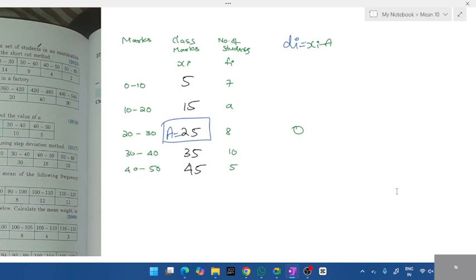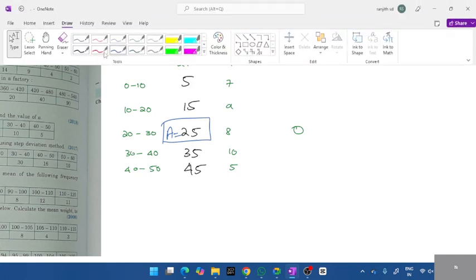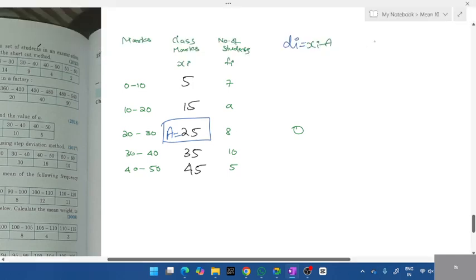And we have an unknown value A. Okay, we have unknown value here.